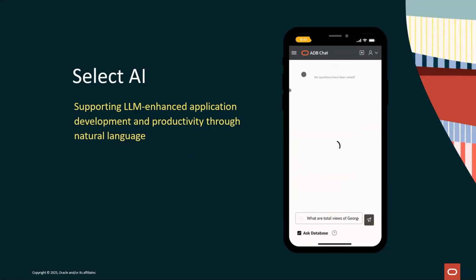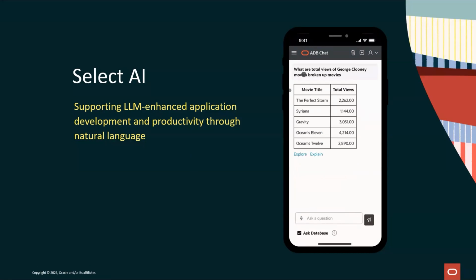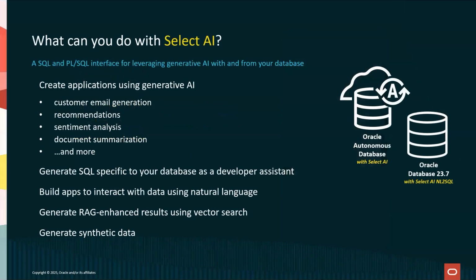Select AI allows you to develop applications using generative AI, specifically LLMs and transformers, easily using Select AI, SQL and PL/SQL. Basically, Select AI originated as a component to generate SQL from natural language questions or prompts using the metadata from tables in your database.